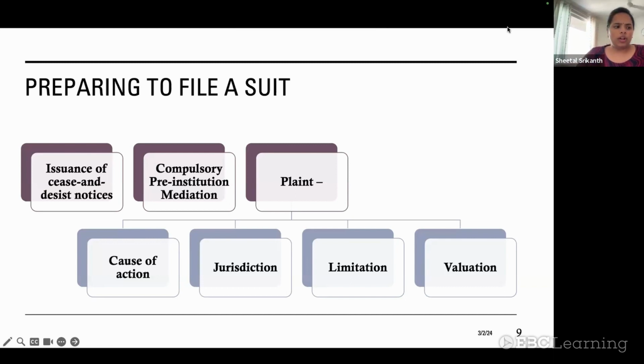You would have probably been exposed to this in other classes where, other than going to courts, there are a class of remedies available which we call alternate dispute resolution mechanisms, which is basically trying to resolve your dispute outside of the court of law.